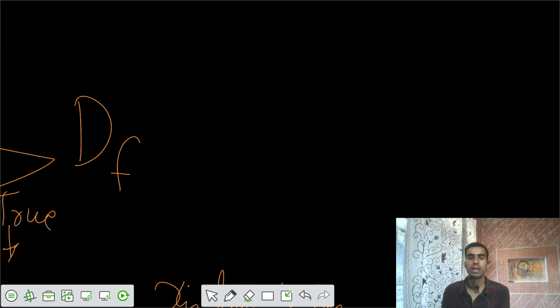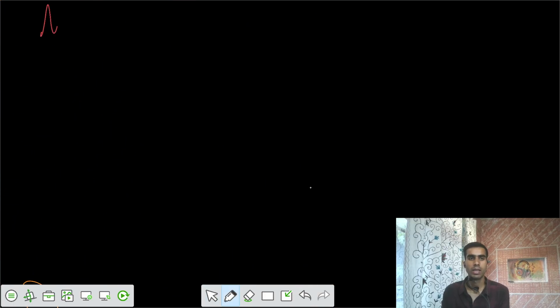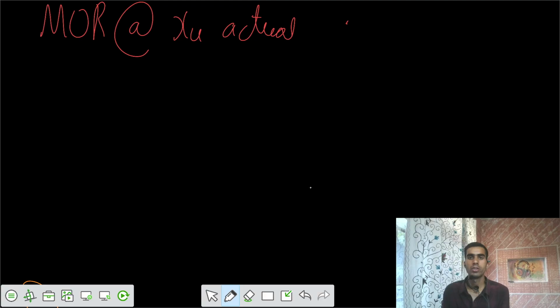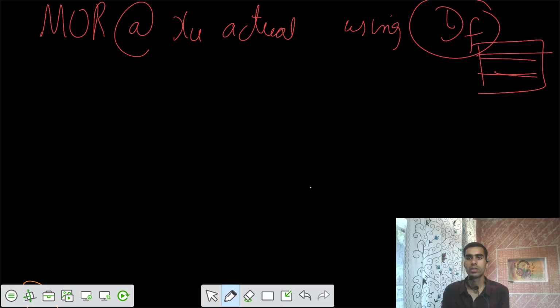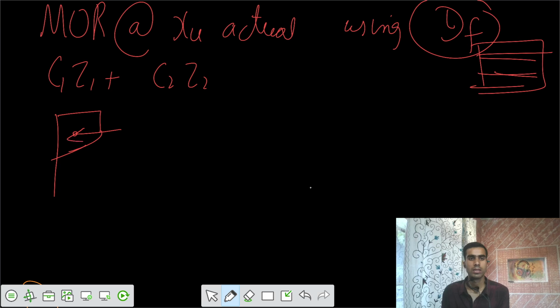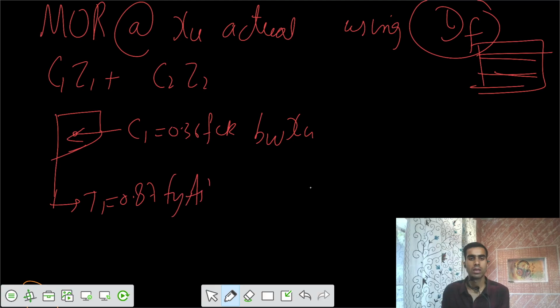Now the final problem is to get the moment of resistance. I would say the moment of resistance at XU actual, using the equation of DF where the stress is constant, is C1Z1 plus C2Z2. The final touch is the stress block. There is a C1 force, 0.36 FCK BW XU, and a T1 force 0.87 FY AST1, for the rectangular beam with the section width BW.